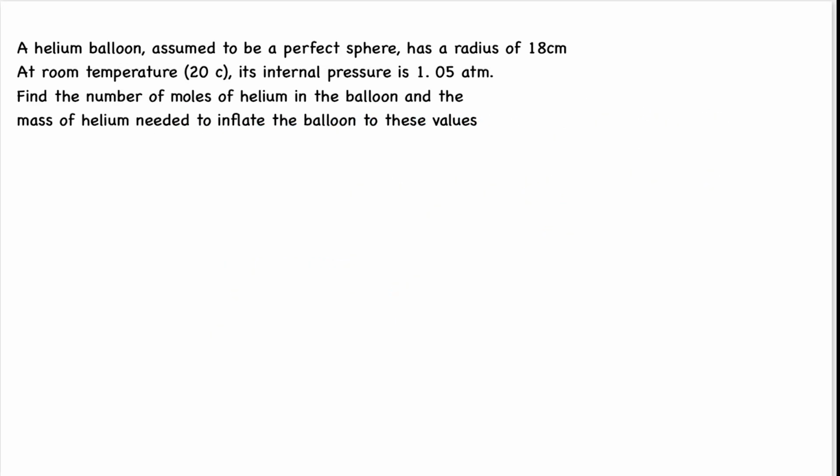A helium balloon, assumed to be a perfect sphere, has a radius of 18 centimeters at room temperature 20 Celsius. Its internal pressure is 1 atmosphere, 1.05 to be exact. Find the number of moles of helium in the balloon and the mass of helium needed to inflate the balloon to these values.